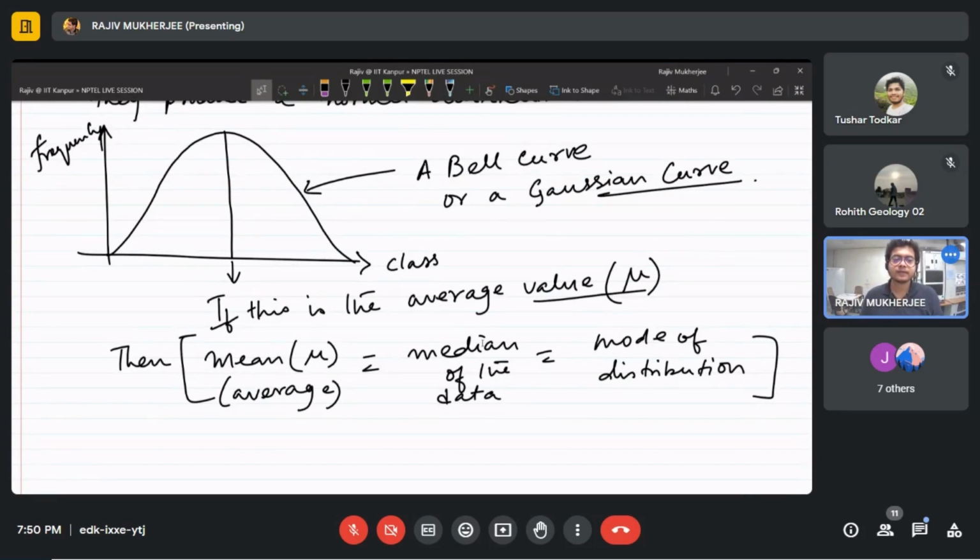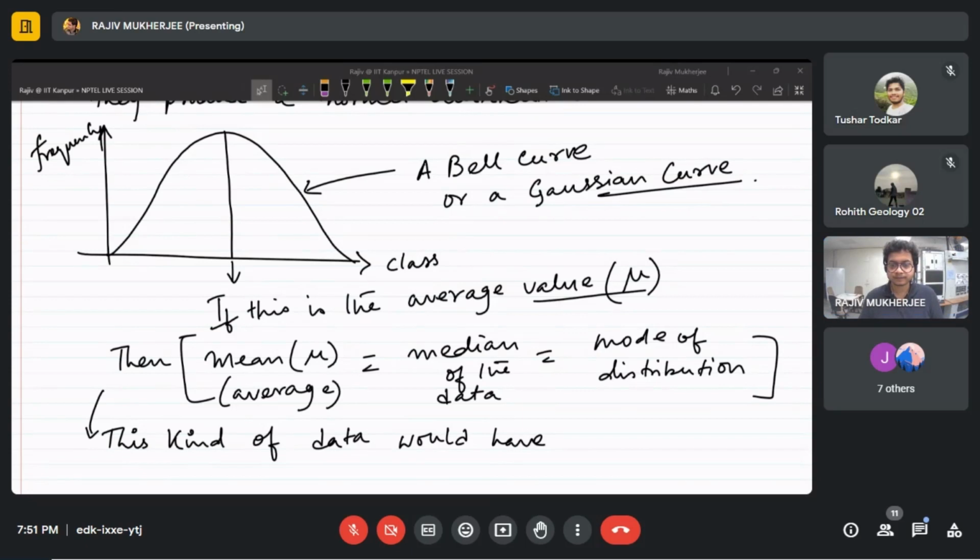So therefore this kind of data would have less error.